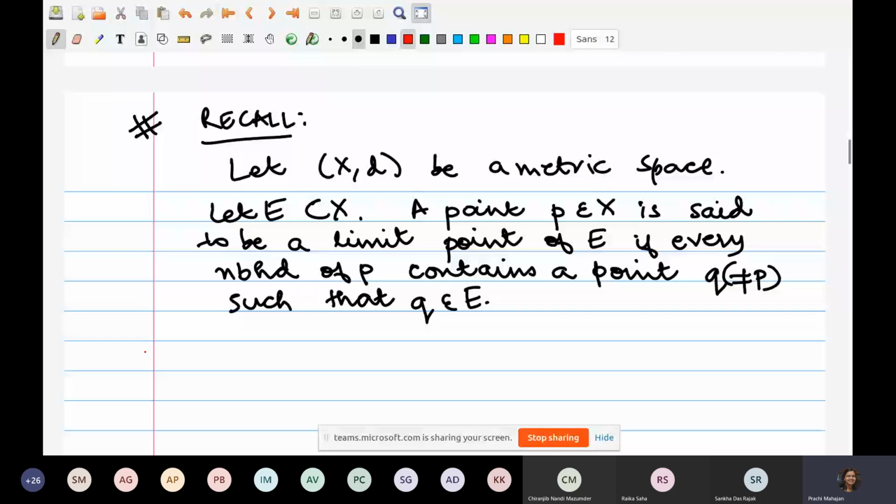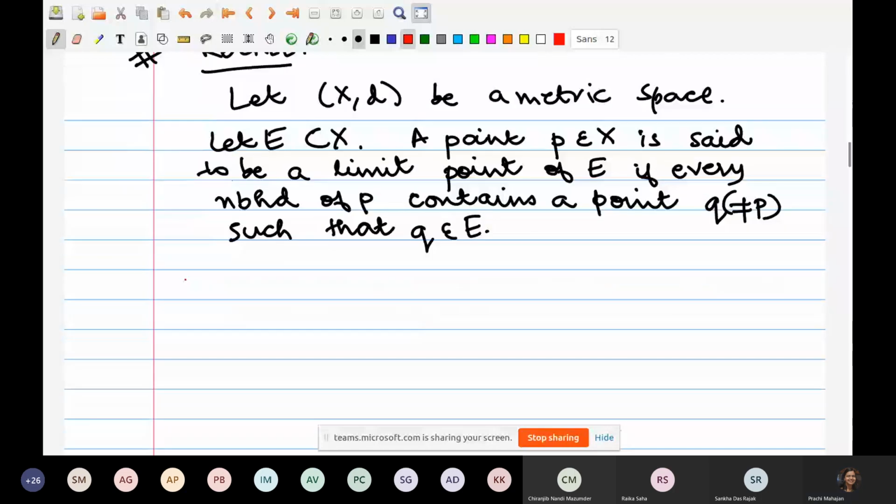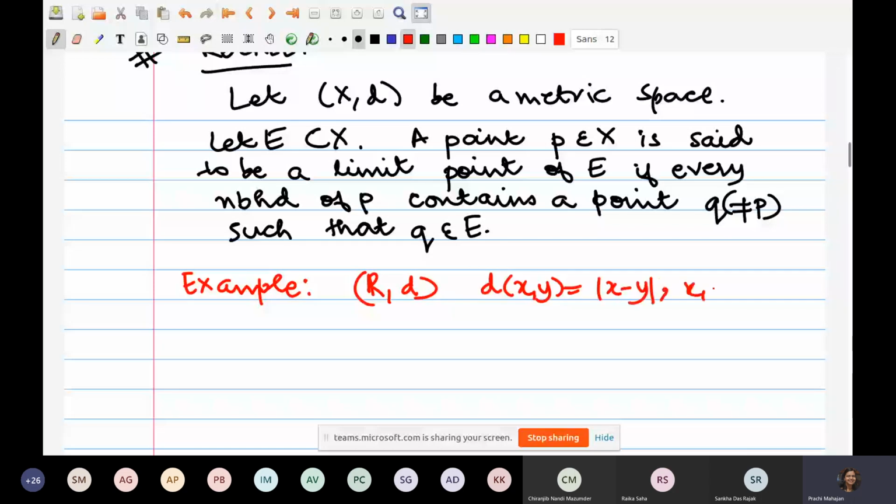Let's consider an example: the set of real numbers with the Euclidean metric. We are measuring the Euclidean distance between any two points on the real line.